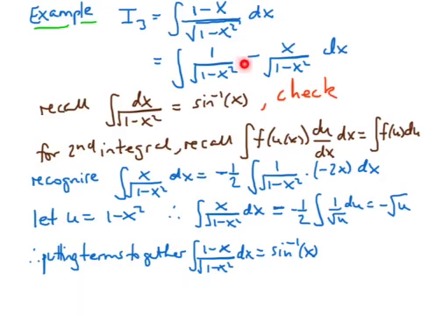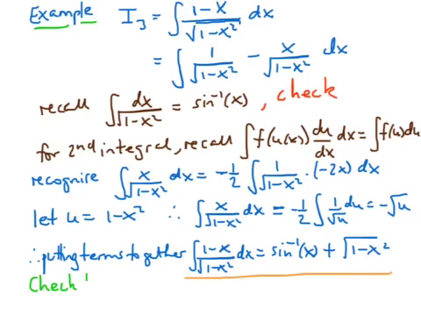The second term had a minus sign here, multiplied by this integral. This integral has a minus sign as well, so I'll make it plus, and then we have the square root of u, but u is 1 minus x squared, so it's plus the square root of 1 minus x squared. And that is our answer for this integral. And again, what one should do at this stage is check by differentiation.